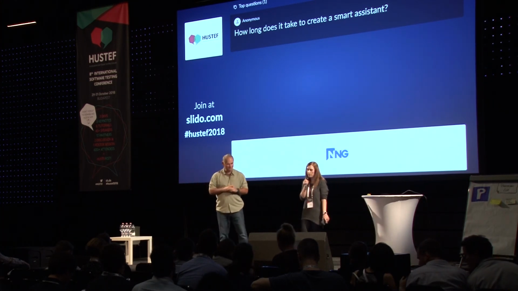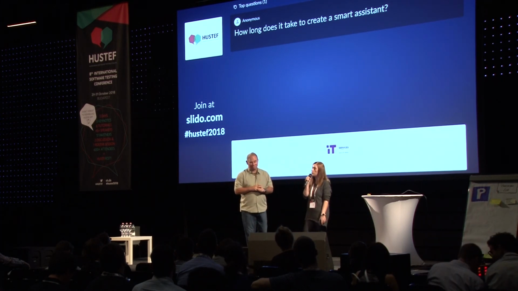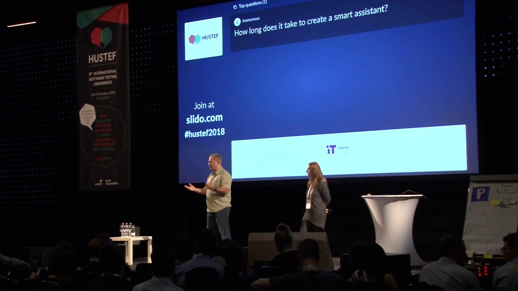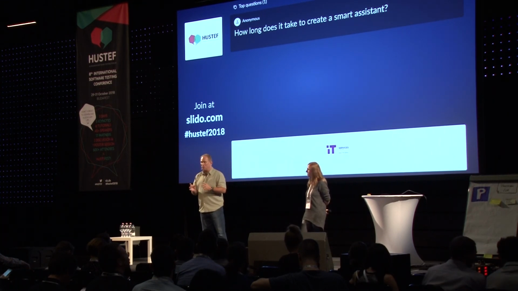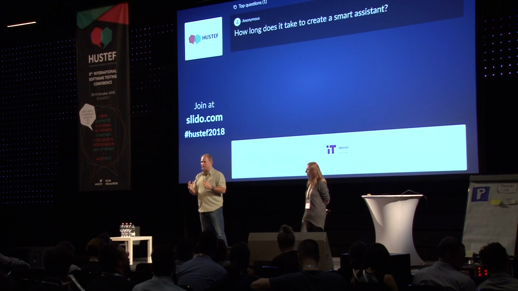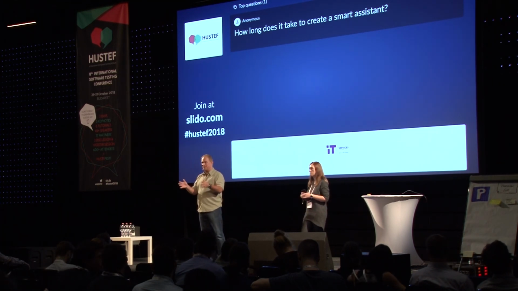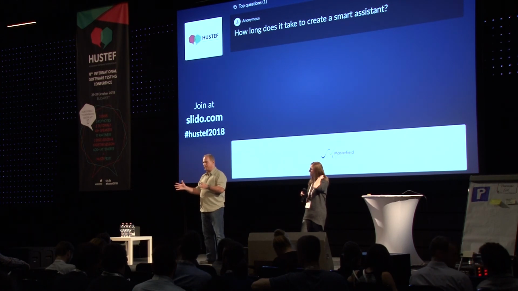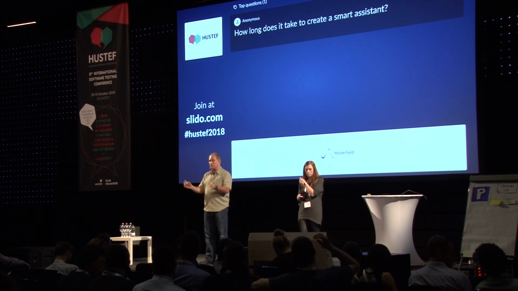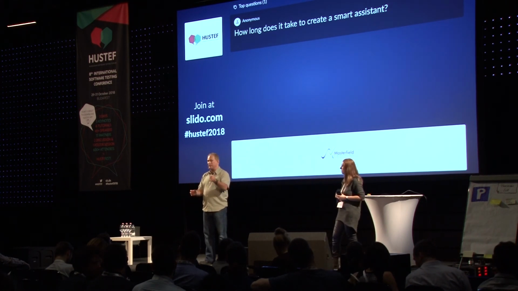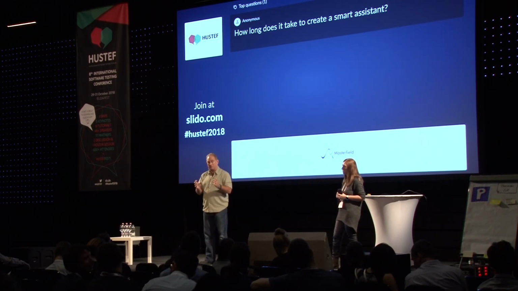A very good question that we have here is, how long does it take to create a smart assistant? That's a really good question. It all depends on resources, right? We've got a very big continuous improvement culture. So last year, in 2017, we assigned part-time subject matter experts, and then we got in external data scientists to come help us build it.